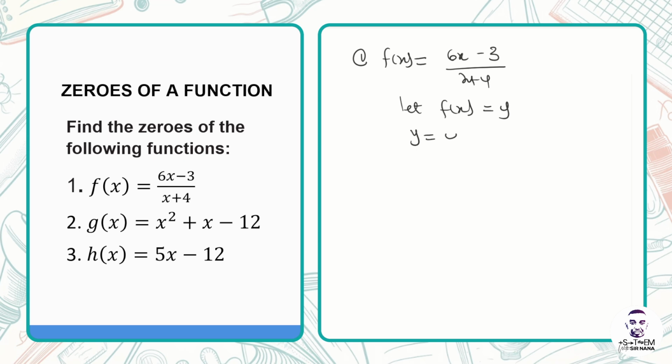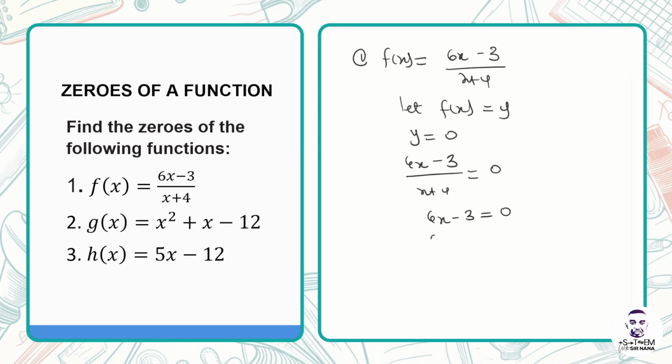Then y should be equal to 0, right? So it means that 6x minus 3 all over x plus 4 is equal to 0. This implies that the numerator, 6x minus 3, will be equal to 0, right?